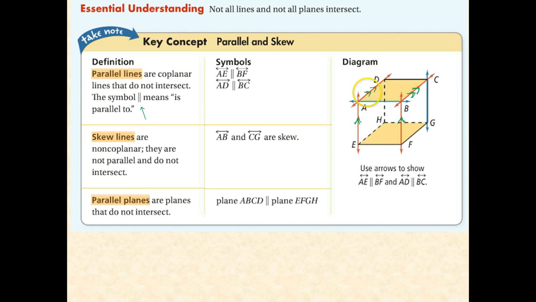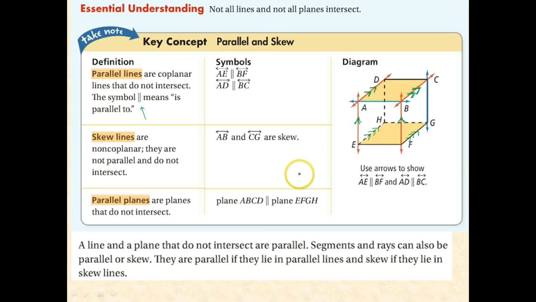If you're going to have another set of parallel lines, then you've got to go two arrows. And if you have yet another, you would use three arrows. Isn't that cool? And I'll let you guess what would happen if you had a fourth set of parallel lines. I'll give you a hint. It's four arrows.